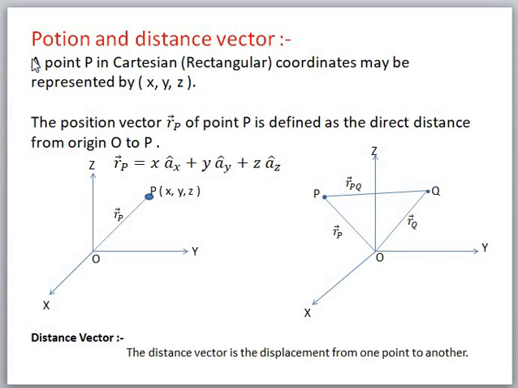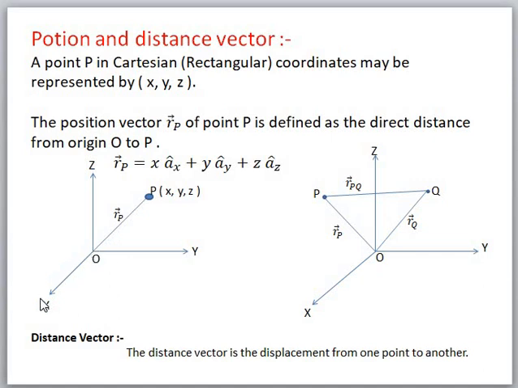Now let's see the next point, position vector. Consider any point P in the Cartesian coordinate system, which may be represented by coordinates x, y, z.